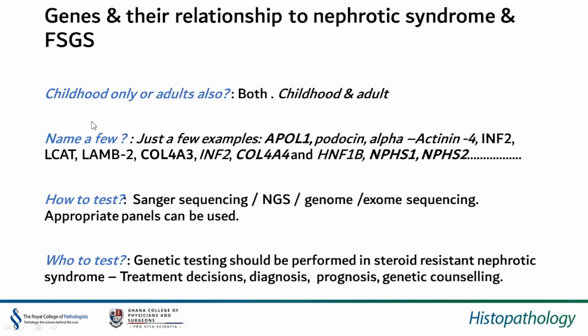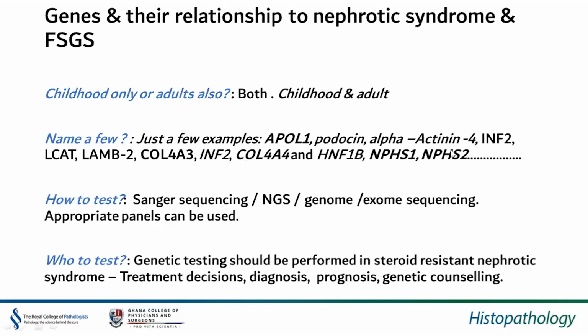Now, let's look at the names of a few genes which are involved in development of FSGS. There are several examples. Prominent among them are the APOL1 gene, INF2, COL4A4, and COL4A3 genes. COL4A4 is associated with Alport syndrome.